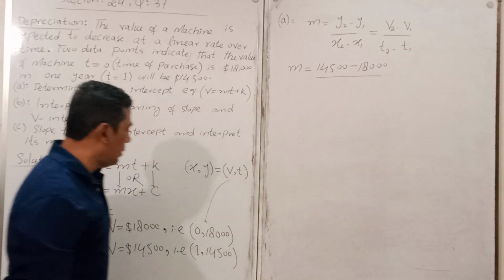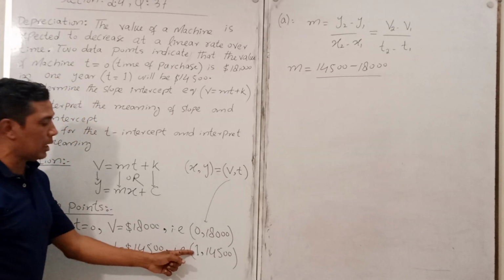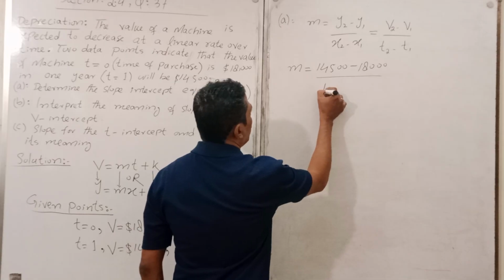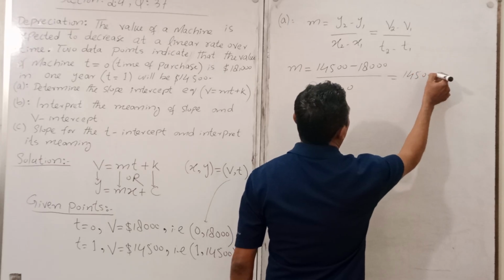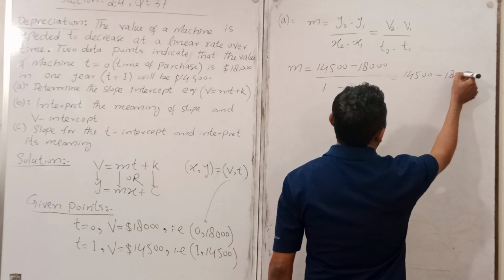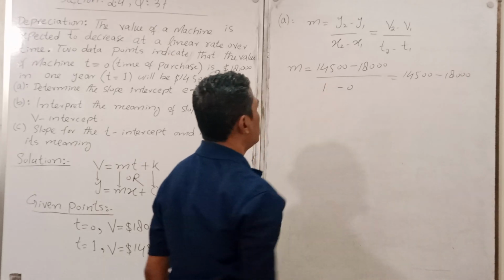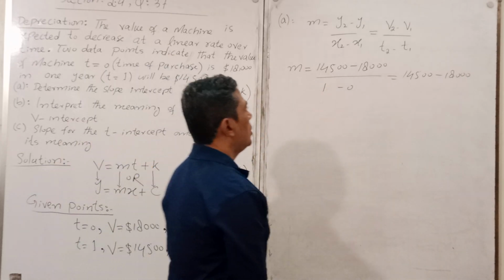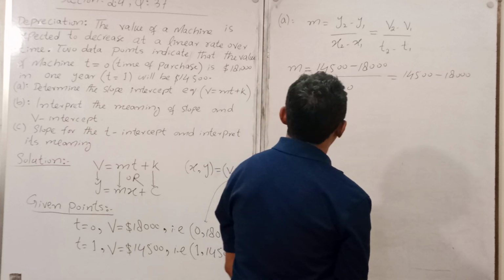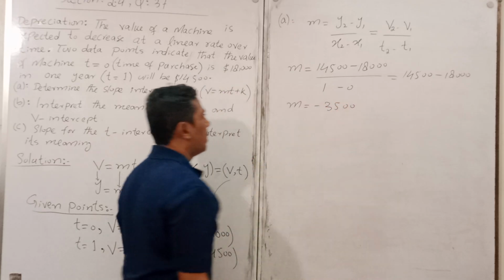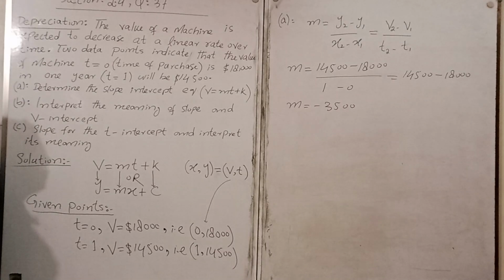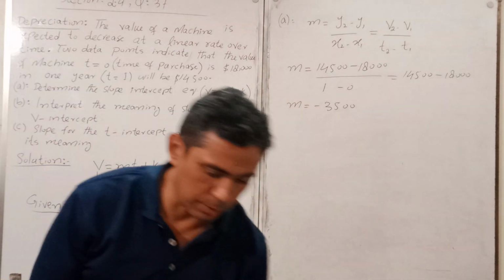Similarly, t2 is 1 and t1 is 0, so 1 minus 0. So you have 14,500 minus 18,000. Clear? So it becomes minus 3,500. This is your value of slope here. Now we can check, just a minute.